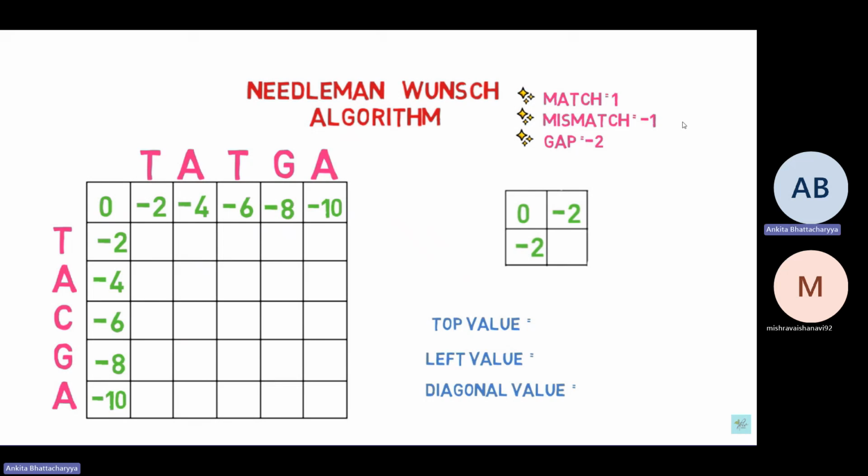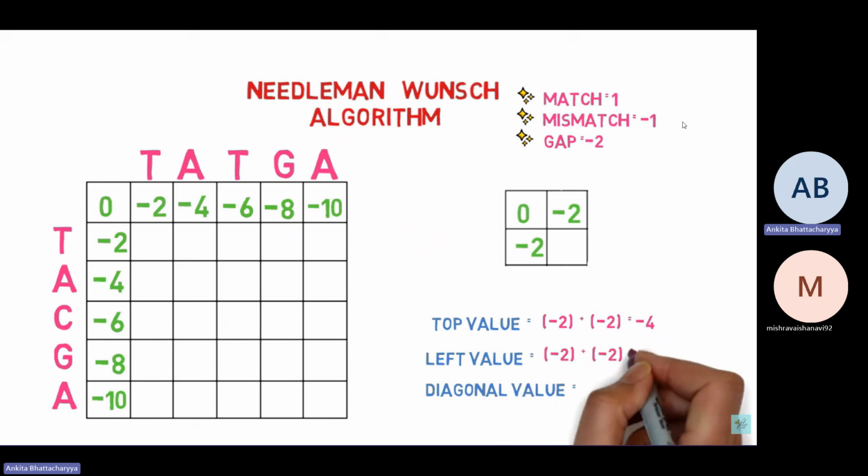So, to find the value of box number 1, we start with the top side, which is -2, and we add a gap penalty of -2 for every top movement, so the answer is -4. Then we take the value from the left, which is also -2, and add a gap penalty to get -4.